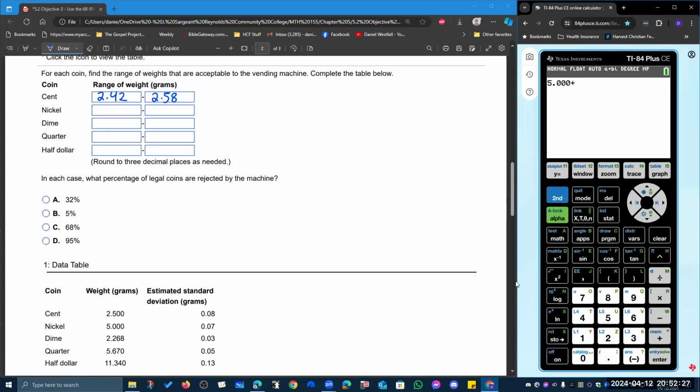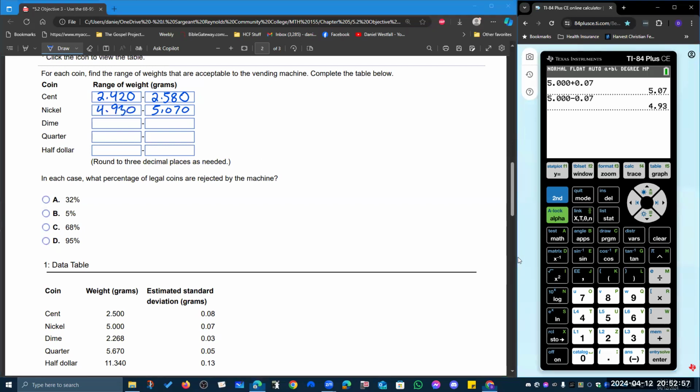Now I'm going to do that, and I'm going to have 5.000 plus 0.07, and we're told to round to 3 decimal places here, so this is going to be 5.070. We're going to switch this to subtraction here, and I get 4.930.